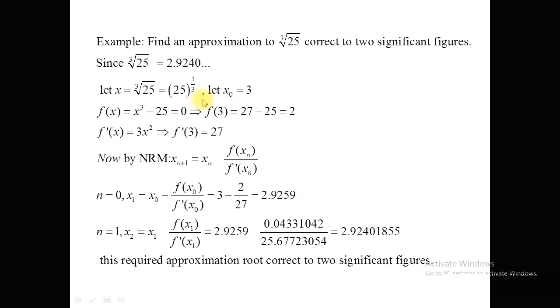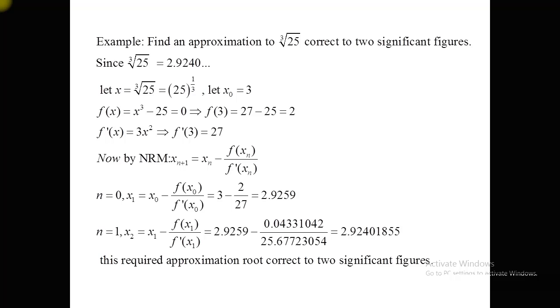So we take x naught is equal to 3, and we can use the procedure for x naught like a plus b divided by 2. Consider any two values at which the sign of the function is opposite, then x naught will be a plus b divided by 2.